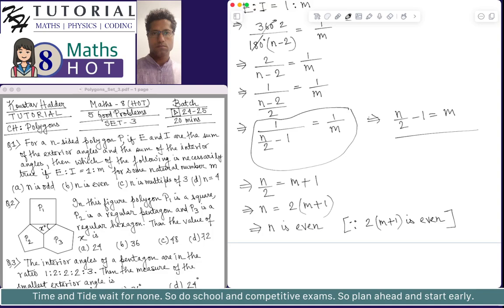N can be 6. N can be any even number, but remember that n is the number of sides of a polygon, and the minimum number of sides of a polygon is 3. So definitely n is an even number greater than or equal to 3, which means n is an even number greater than or equal to 4. It can be any even number greater than or equal to 4, but not necessarily n equal to 4.